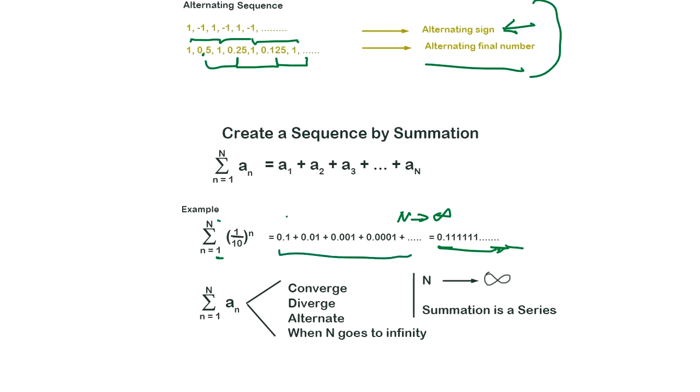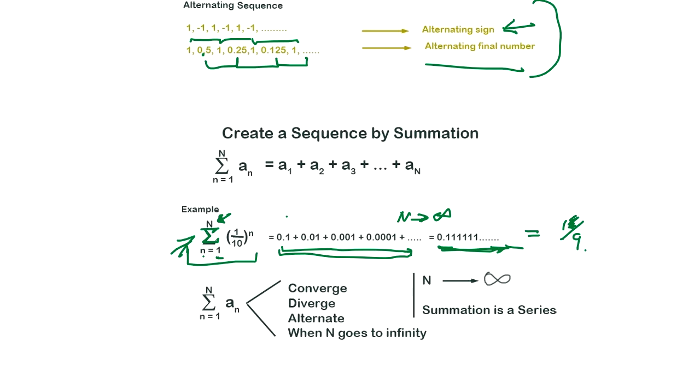This is the same as this. It's just a short form using summation, right? It's a little bit more mathematical instead of expanding the number like that. And n equals infinity gives this ultimate number. There is an ultimate number, 1 over 9 actually, right?